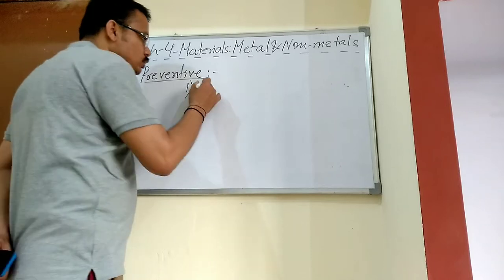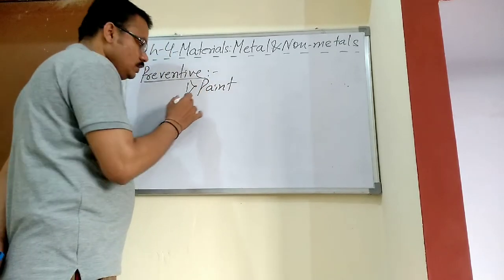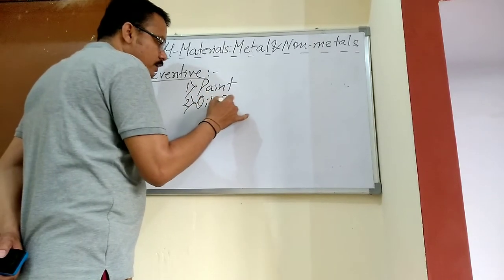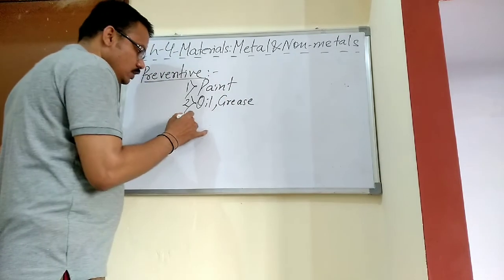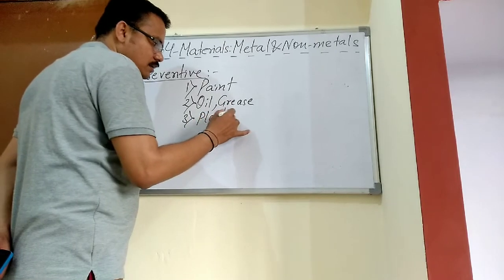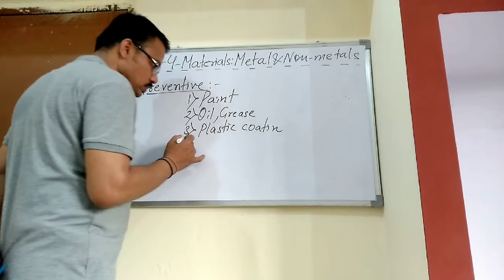First of all, you can paint that object. You can apply oil or grease on that object. You can also do plastic coating on that object.